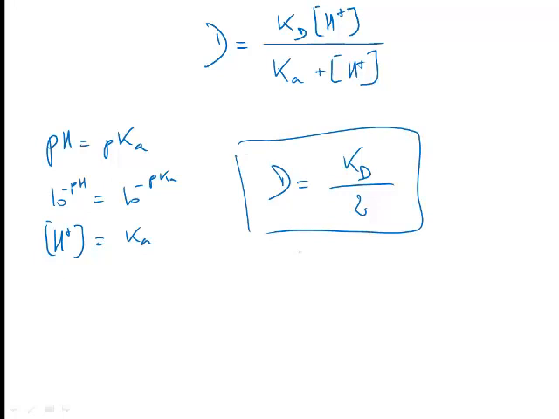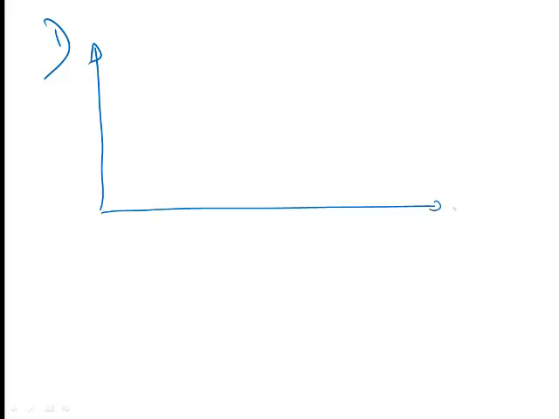And we can put that together as a graph, as it were, and we can try to see how D varies with pH for an acid. Well, we know that at very high pH, when pH is equal to pKa plus 2, D is going to be roughly 0.